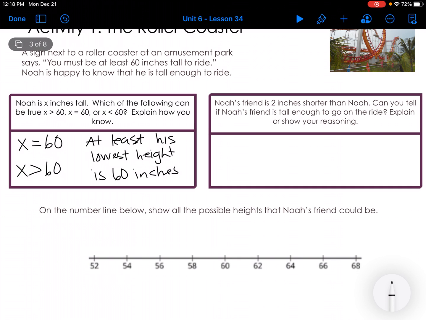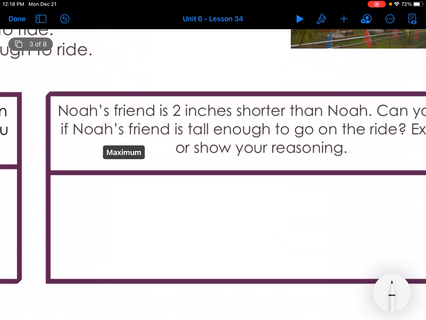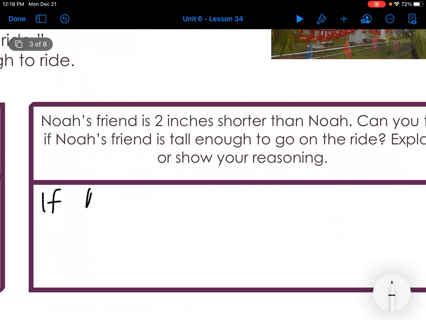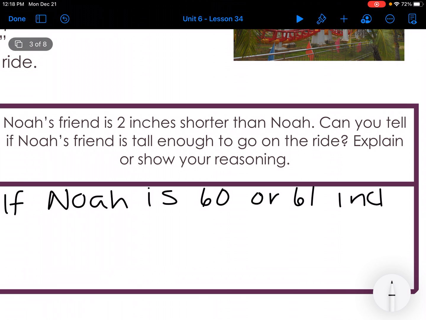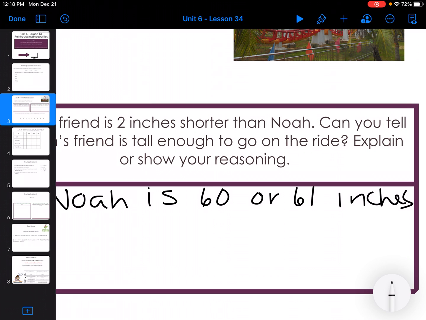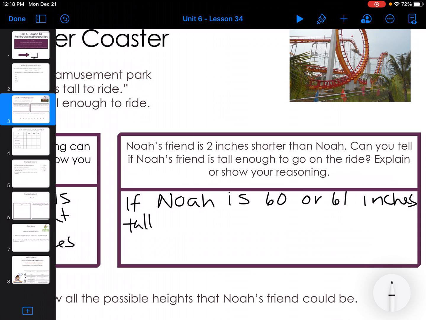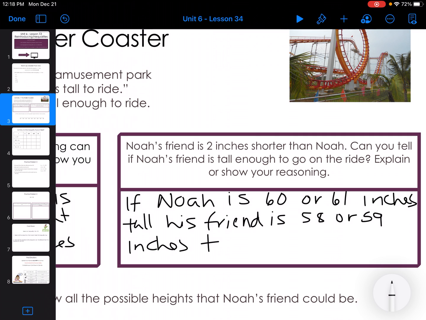So I can't tell, because if Noah is 60 or 61 inches tall, his friend is 58 or 59 inches tall and can't ride.